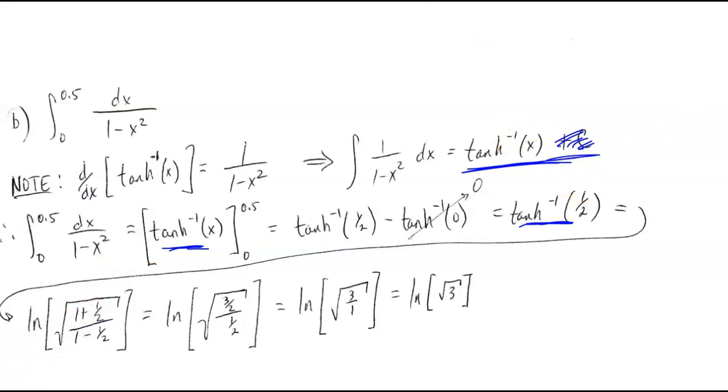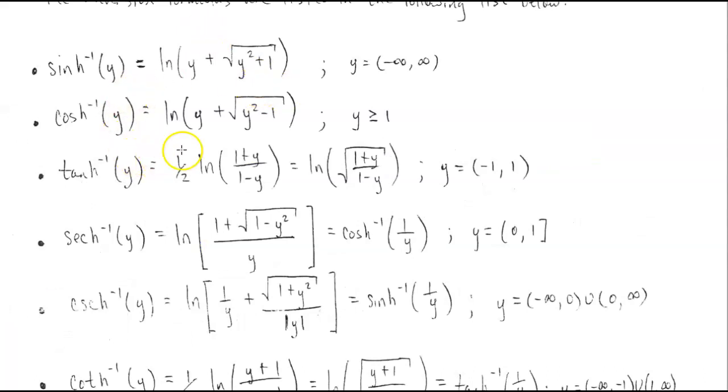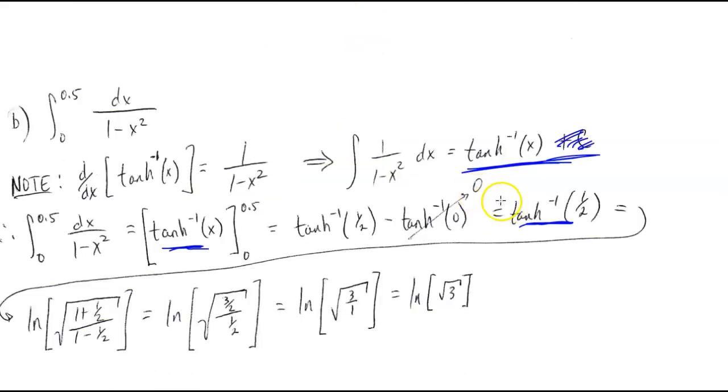And so here, if we switch over, we'll see that the way that we can rewrite the inverse of tangent hyperbolic will be like what we're seeing here. Basically, the natural log of square root of the quotient of 1 plus y and 1 minus y. So we could just do that. And everywhere where we see the x, we can just put a 1/2. So we see that that's what this ends up looking like. And once we work everything out here, we see that we still get that natural log of square root of 3.